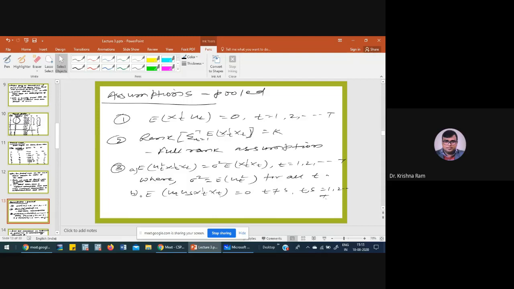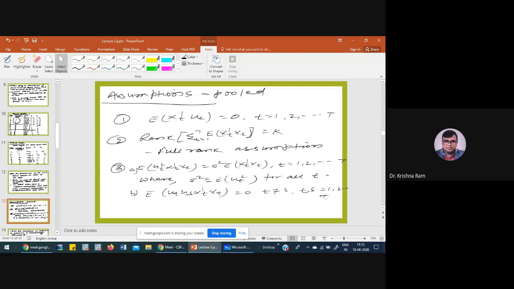The B part of the third assumption is related to the no autocorrelation assumption. Here we are assuming error terms are not correlated with one another: the expected value of u t u s given x t and x s equals 0 when t is not equal to s. And these are all the usual OLS assumptions.